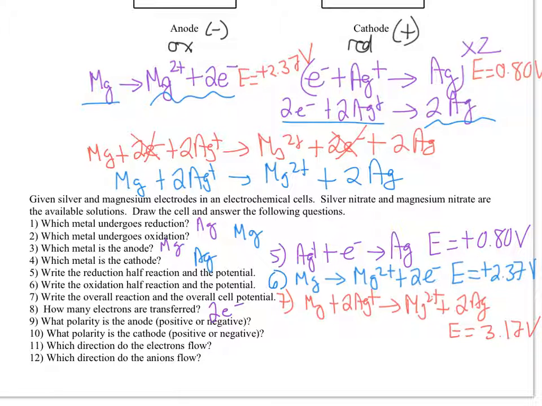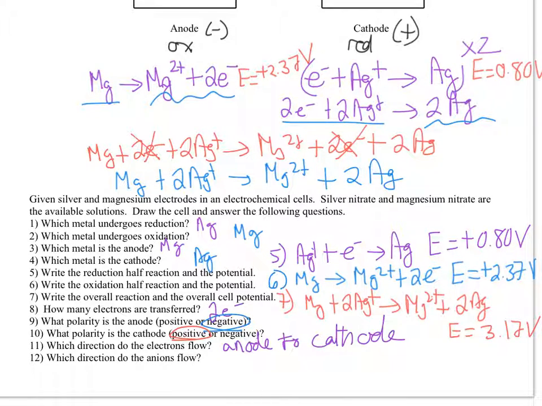The polarity of the anode is negative. The polarity of the cathode is positive. The direction that the electrons flow is always from anode to cathode, or you can say in this case from magnesium to silver. And then the last question is asking what is the direction of the anions.